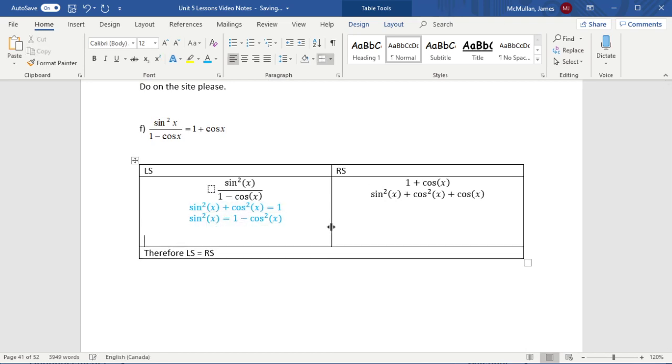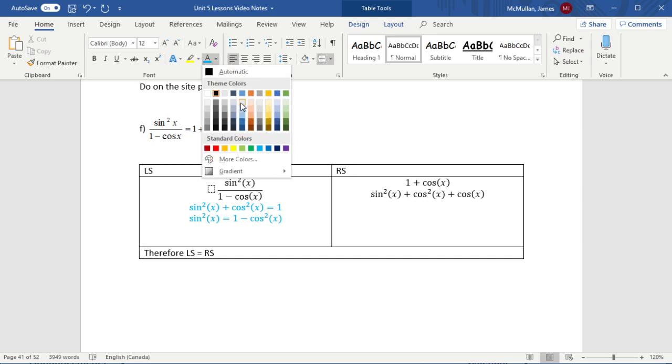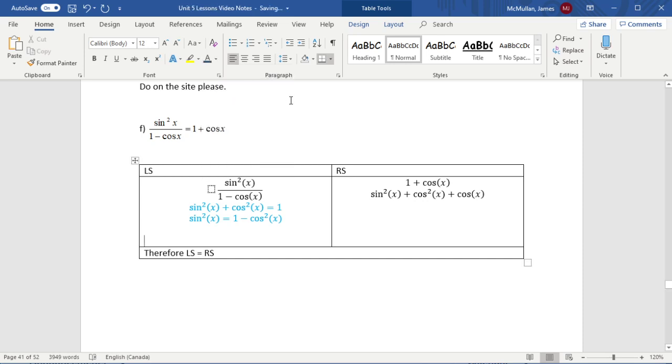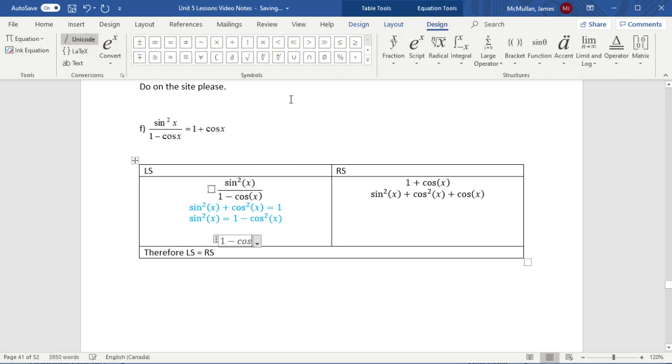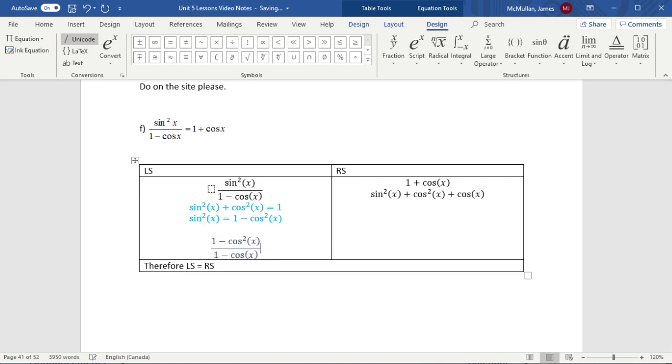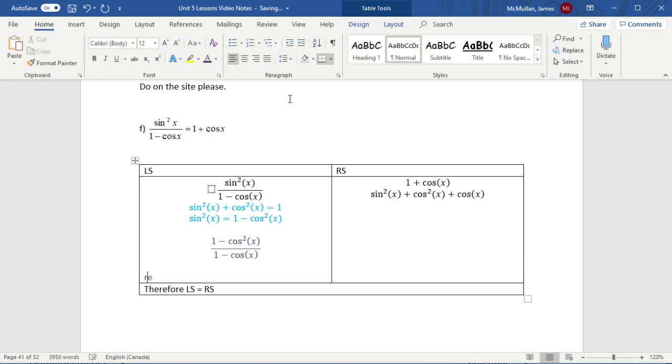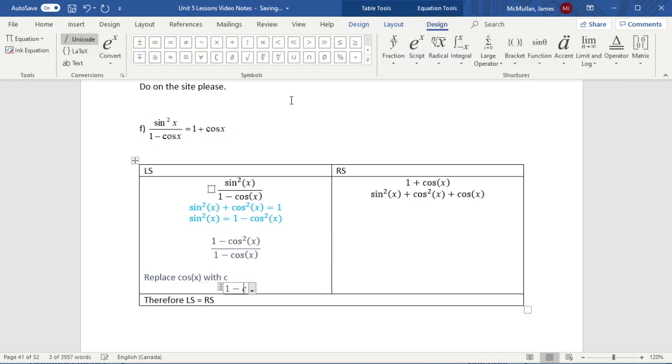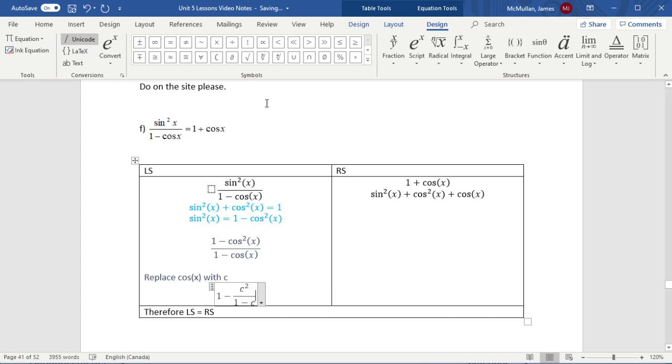Now, how does that help me? I can say 1 minus cos squared x, and then I'm dividing that by 1 minus cos x. What if for a second I replaced cos x with c? What would this look like? 1 minus c squared over 1 minus c.